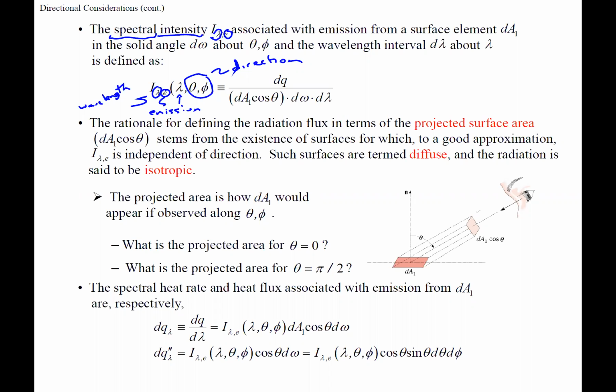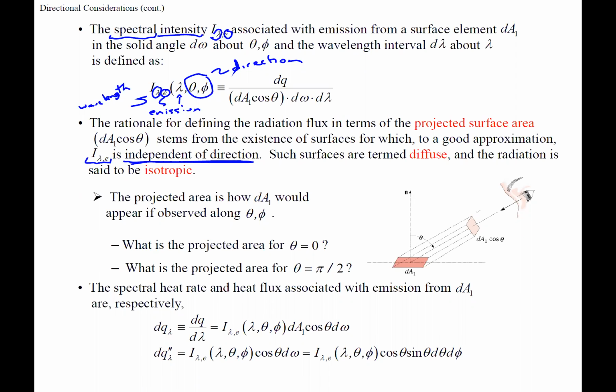All right, so then we have an assumption we can make to simplify. First off, if this spectral intensity is independent of direction, that means at any point around that hemisphere, that spectral intensity is the same. It doesn't matter at what point you're at. There's no dependency on direction.